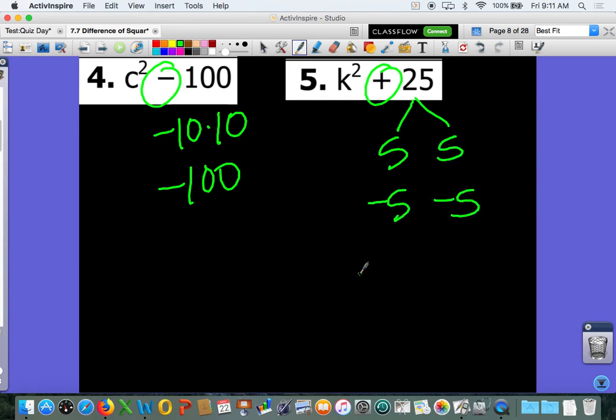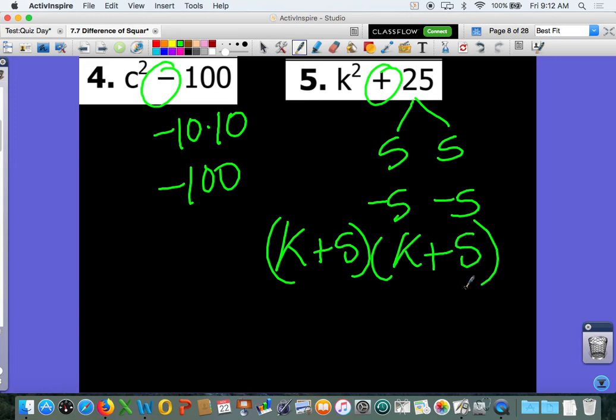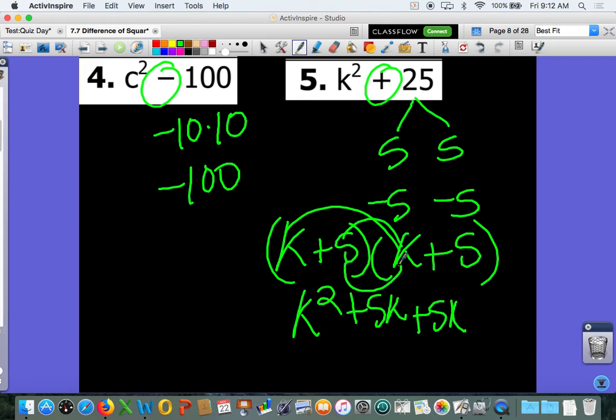That's great, but the problem is when you do k plus 5 times k plus 5, you end up with k squared, following our FOIL method, plus 5k, plus 5k again, and plus 25. These two that are supposed to cancel out to give us this shortened version up top, they don't cancel out.